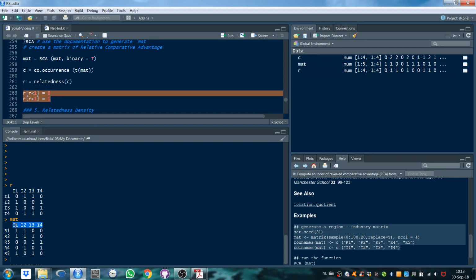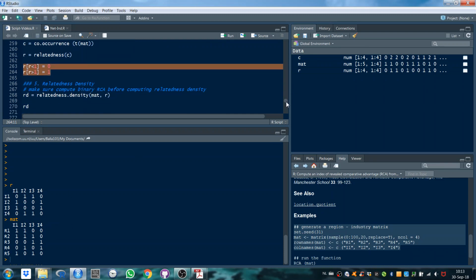And we know that Industry 1 is produced by Region 1, by Region 2, and by Region 5. Again, if you had a matrix of relatedness between products, here you would have a list of customers and exactly the same products. That's going to be the input we need to proceed further.